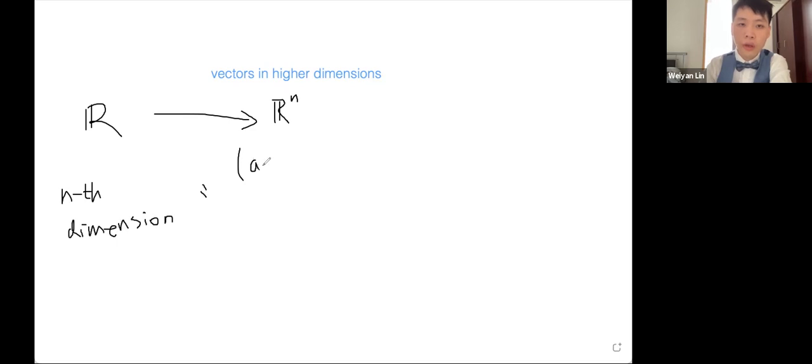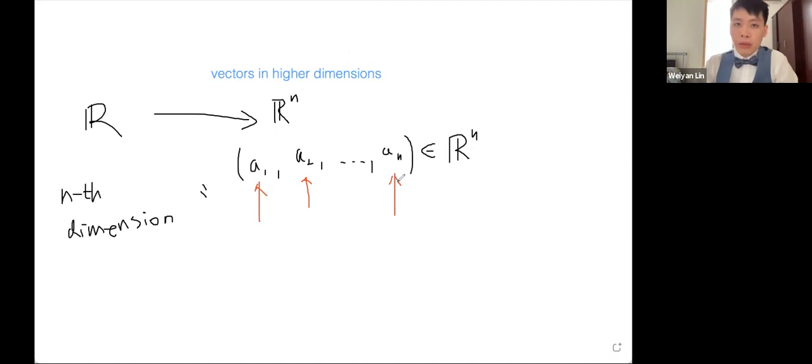So you have a1, a2, all the way to an, such that each of a1, a2, through an is a real number. And this represents a vector in Rn, because it has information for the first dimension, second dimension, all the way to the nth dimension. So it has information for all dimensions, right?